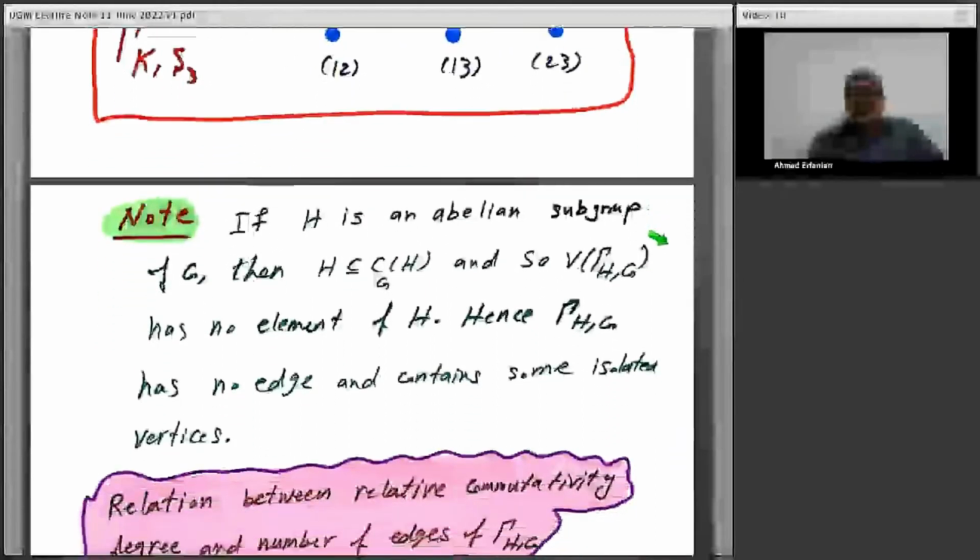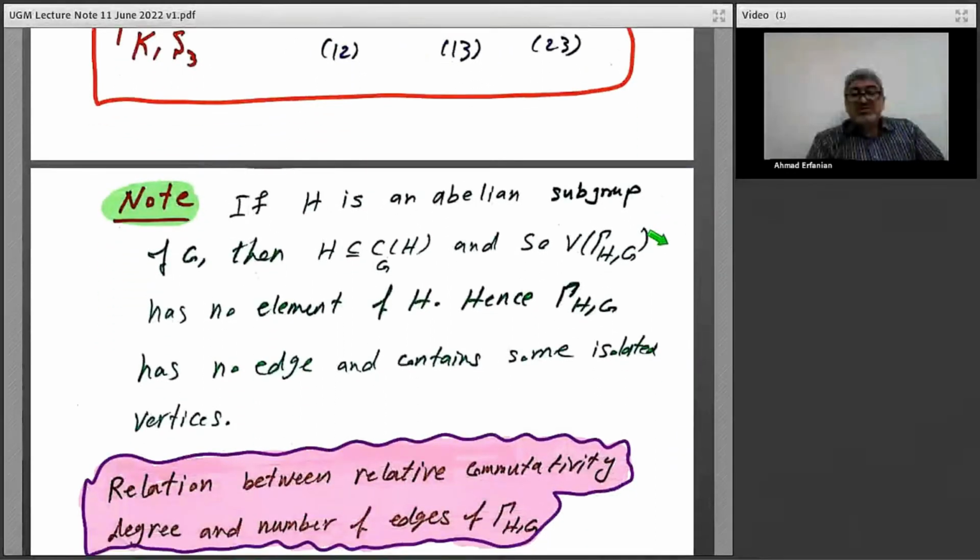But as you know, (1 2), (1 3), (2 3) are not in K. So here we have again 3 isolated vertices here.